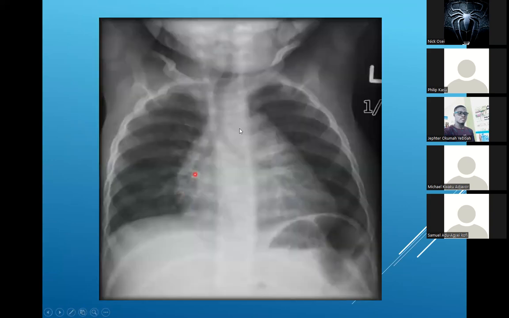Okay. So I need someone to quickly comment on this chest X-ray for me right now with regards to the trachea. Yes, quickly. Hey, where's everybody? Okay, let me call names.